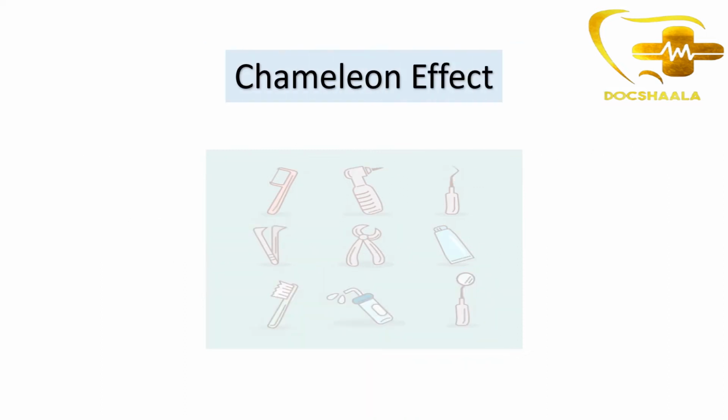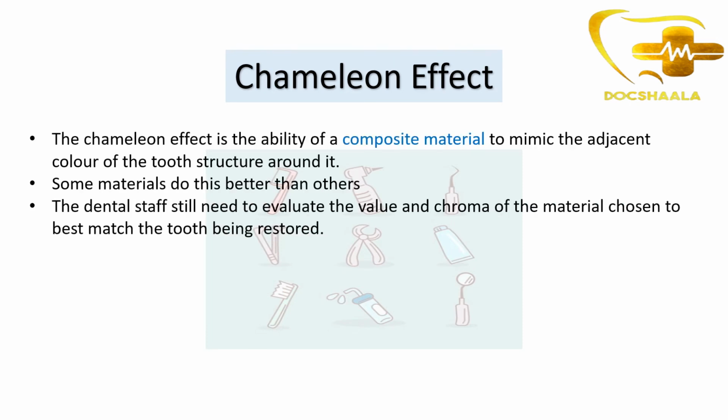Then coming to the chameleon effect. The chameleon effect is the ability of a composite material to mimic the adjacent color of the tooth structure around it. Some materials do this better than others. So the dental staff need to evaluate even the value and chroma of the composite material before choosing the best match for the restoration.